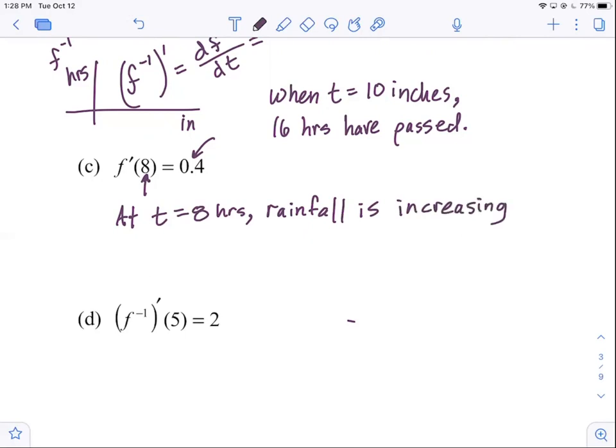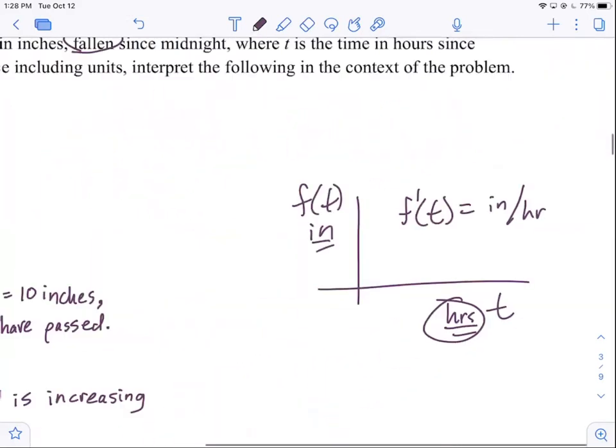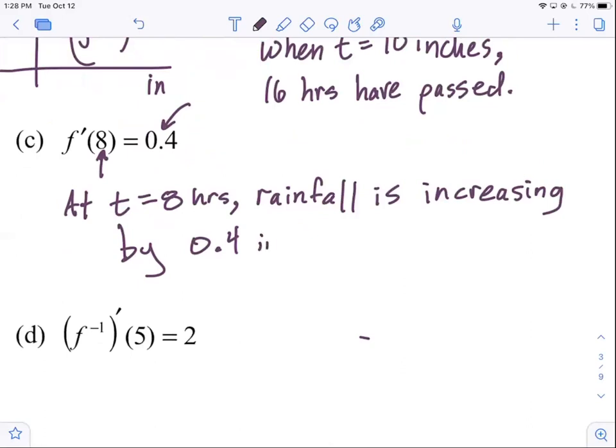Okay, increasing by 0.4, and now it's going to be derivative units, which are inches per hour. And you could do it with a slash, inches per hour, and then per or each hour. All right, that makes sense, right? At 8 in the morning, the rainfall is increasing by almost a half an inch per hour, each and every hour. It's picking up, right? Like the drum line.